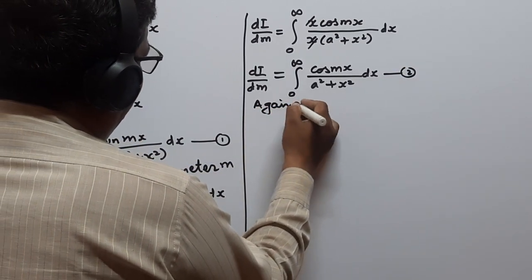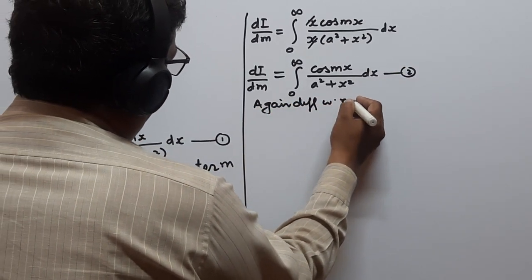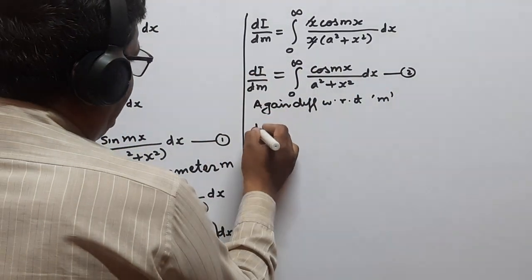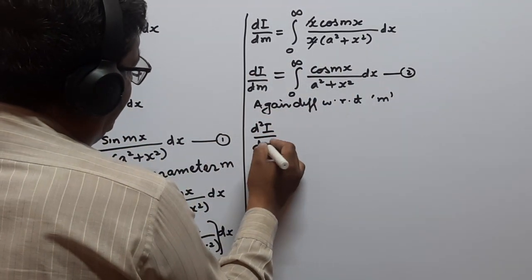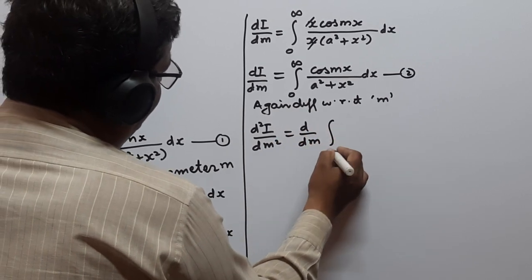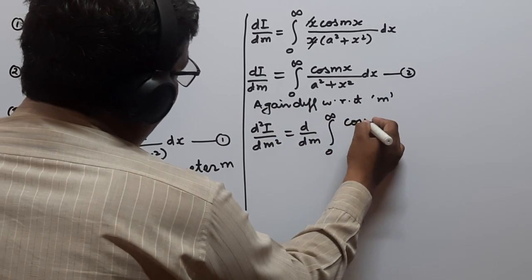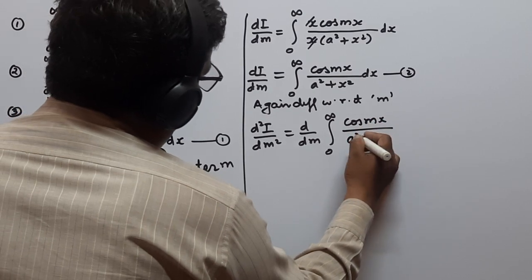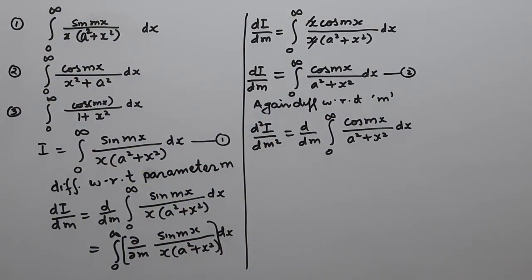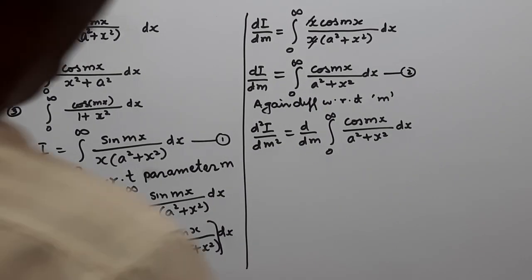Again differentiate with respect to the parameter m. So this can be written as d2I by dm2 is equal to d by dm of the integral of cos mx upon a square plus x square dx between the limit 0 to infinity. Here we again differentiate equation 2 with respect to the parameter m.